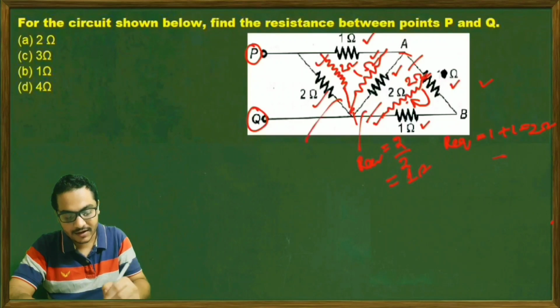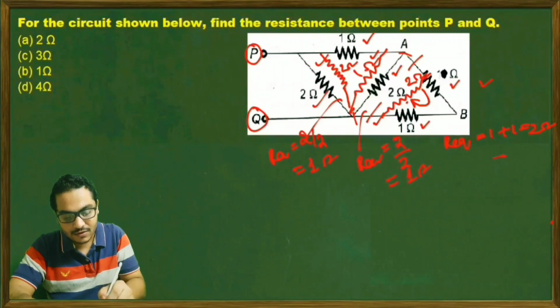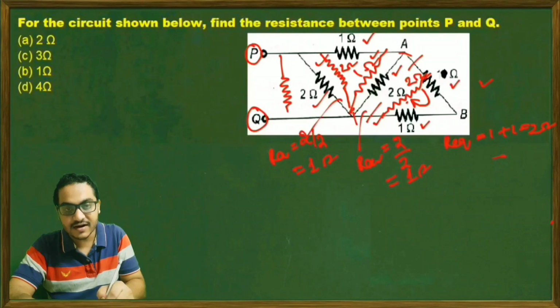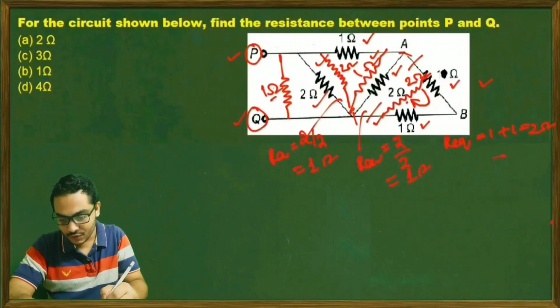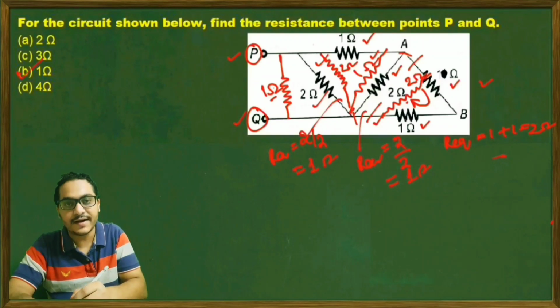So their equivalent resistance is given as 2 by 2 equal to 1 ohm. Now this equivalent resistance can be represented like this, that is your 1 ohm. The equivalent resistance between the 2 points P and Q is 1 ohm. So looking at the options, option B is your right answer.